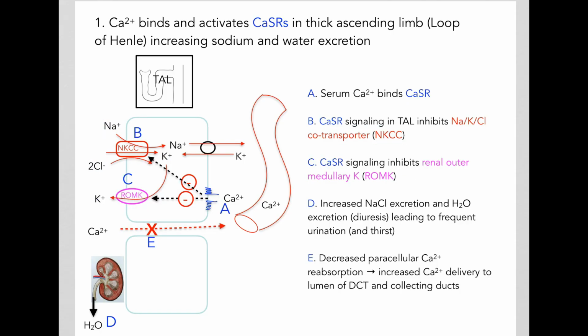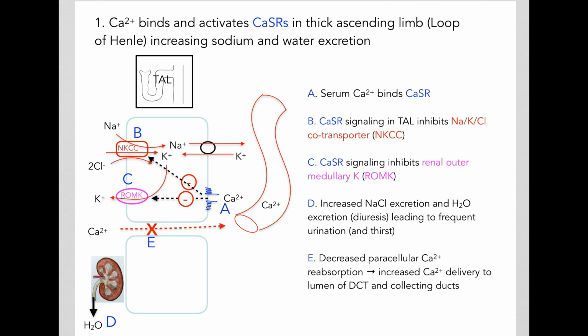So by inhibition of this NKCC, there is a lot of sodium in the cavity that's not reabsorbed, and that forces water to also be excreted by osmosis. And this increased excretion of water will lead to frequent urination as well as thirst.